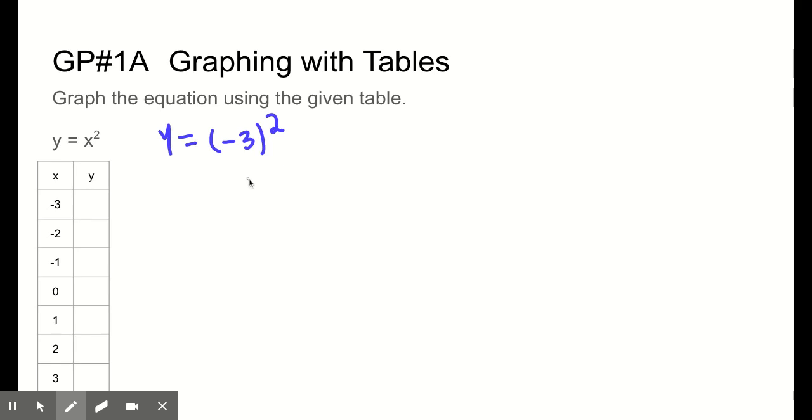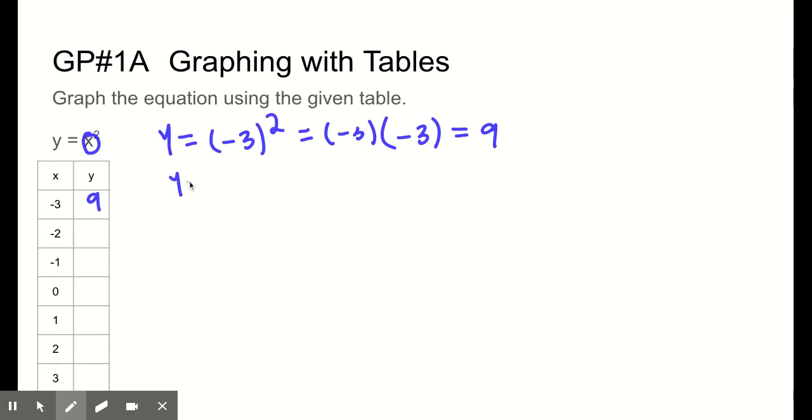So always make sure that whatever you're substituting in gets parentheses put around it. So right here, we're plugging in for the x, so that's what we put the parentheses around. So (-3) to the second power is the same thing as -3 times -3. And -3 times -3 gives us a +9. So the y value when x is -3 is going to be a +9.